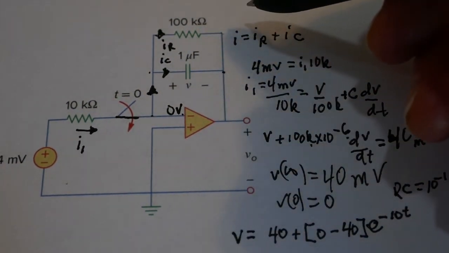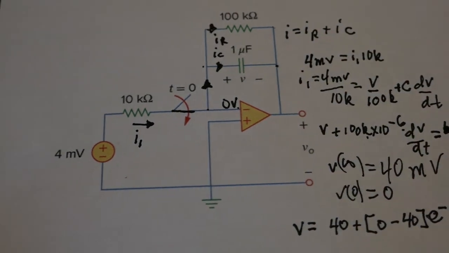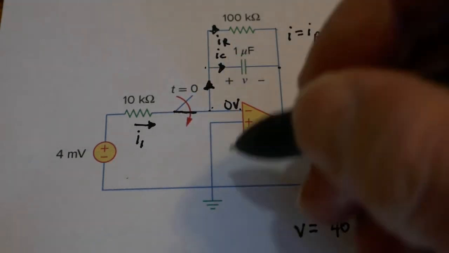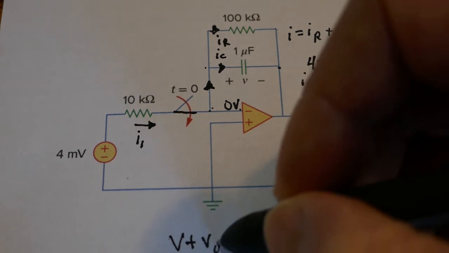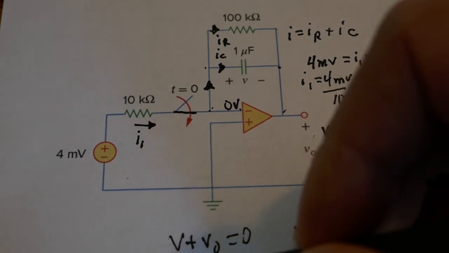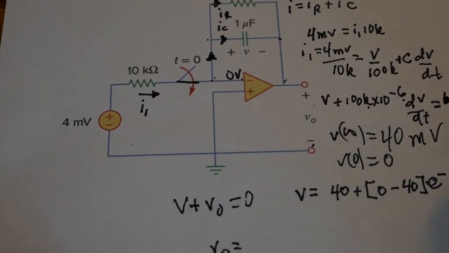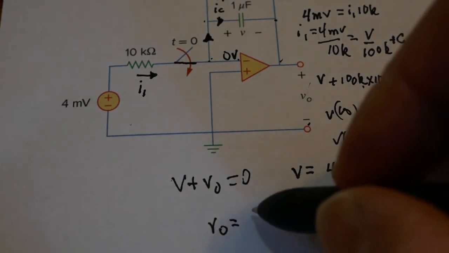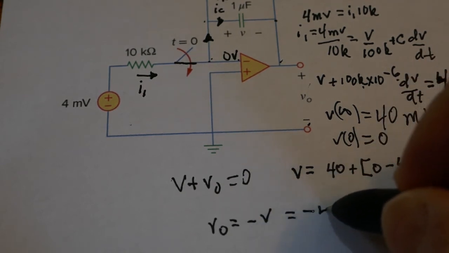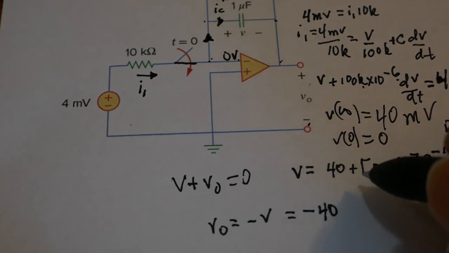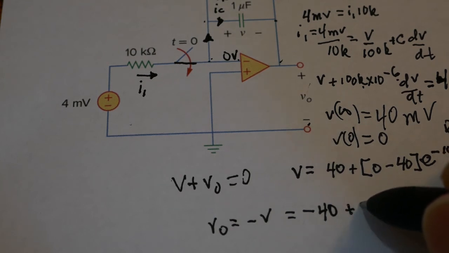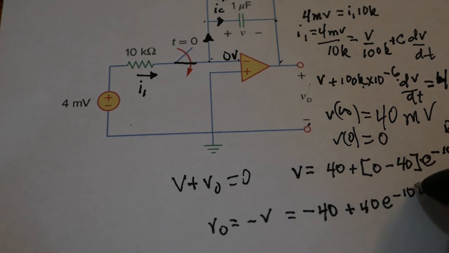We note that if I start here at 0 volts, V plus V0, I get back to ground, that's equal to 0, or V0 is equal to minus V, which is equal to minus 40 plus 40 e to the minus 10t. And there's your answer.